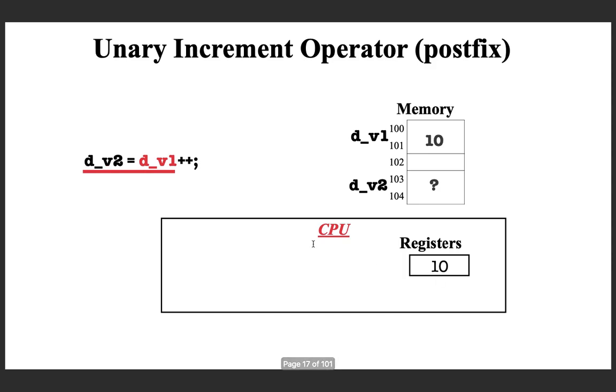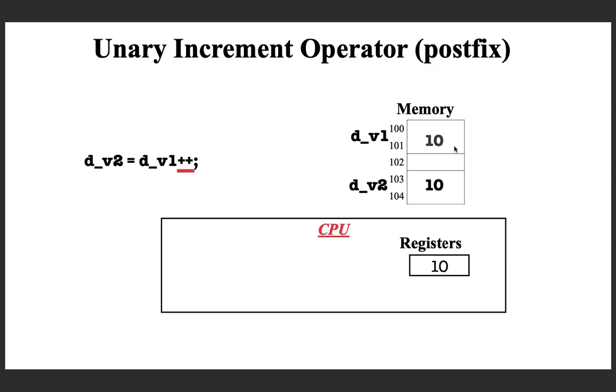After that, it is going to execute this assignment. That means the value of dv1, which is now in our temporary register, 10, is assigned to the variable on the LHS. And after the assignment is done, the unary increment is performed.